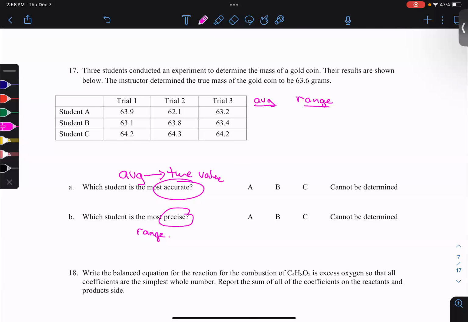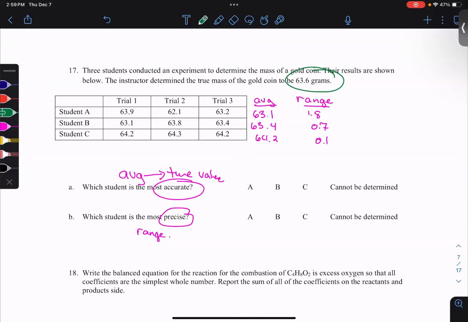Okay, I don't feel like doing the math, so I won't. Averages are 63.1, 63.4, 64.2. Ranges 1.6, 0.7, 0.1. So which student is the most accurate? We're looking for the average that is closest to the true value. What is the true value? 63.6 grams, yes, because I told you the true value.